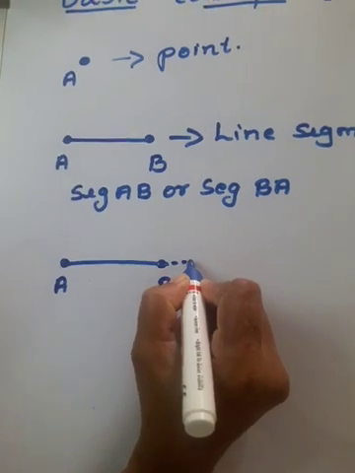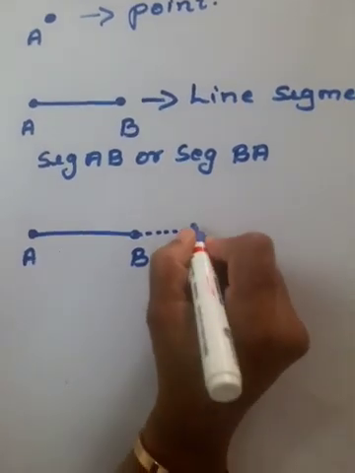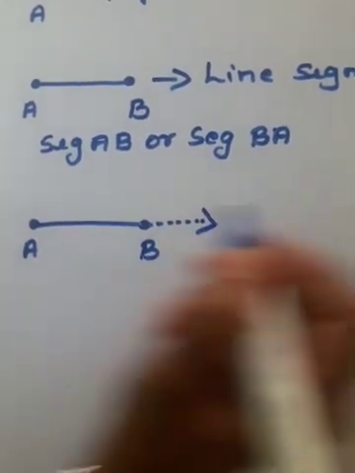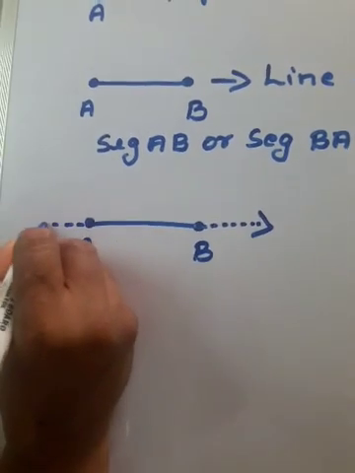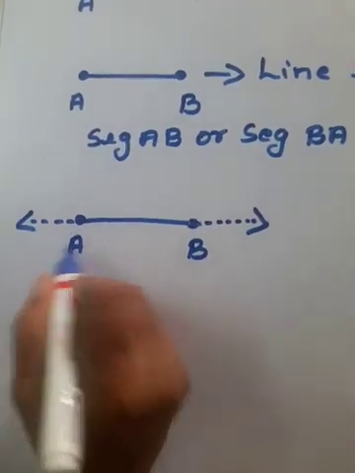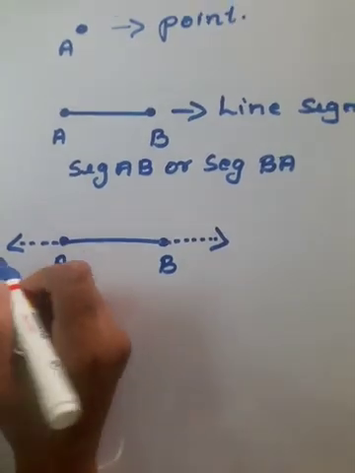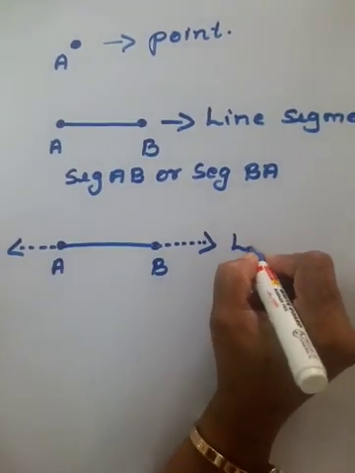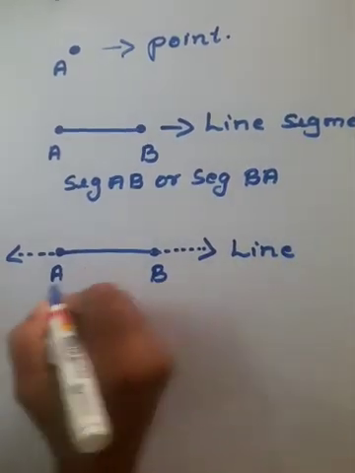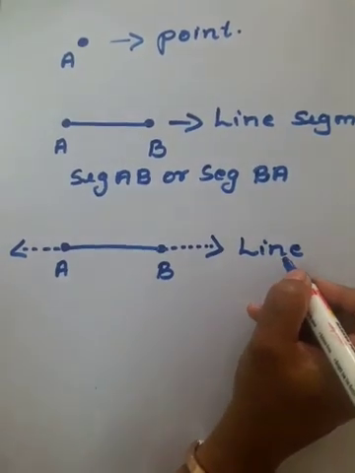Now see, I am going to extend the line segment infinitely on both the sides. I have extended the line segment infinitely on both the sides. Then we get a line. This is a line.